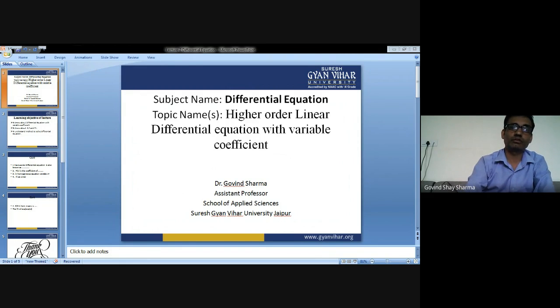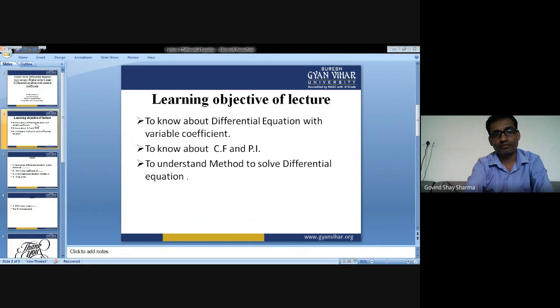The objective of this lecture is to understand the variable coefficient and the solving method of this type of differential equation. So continue with me.